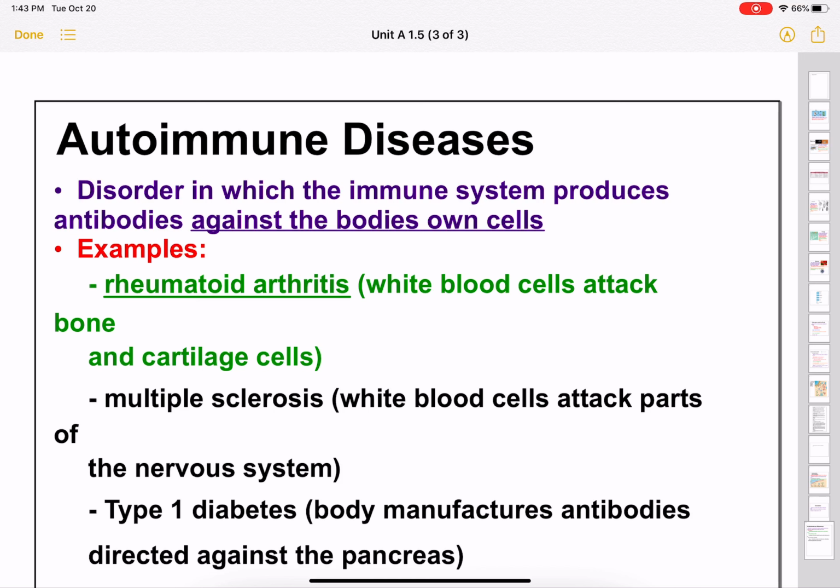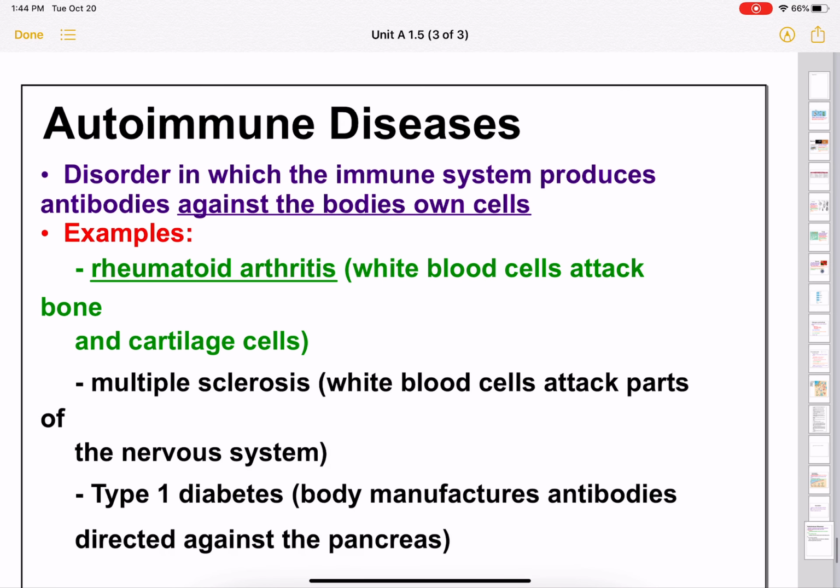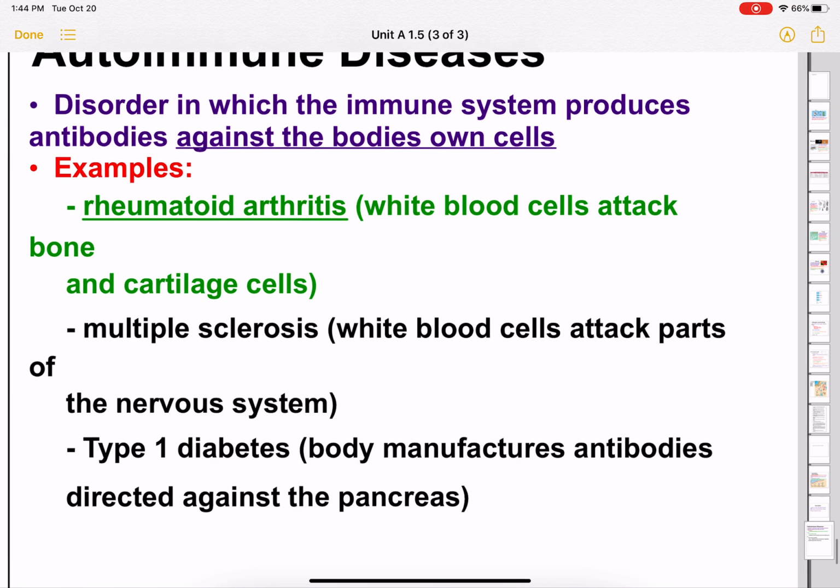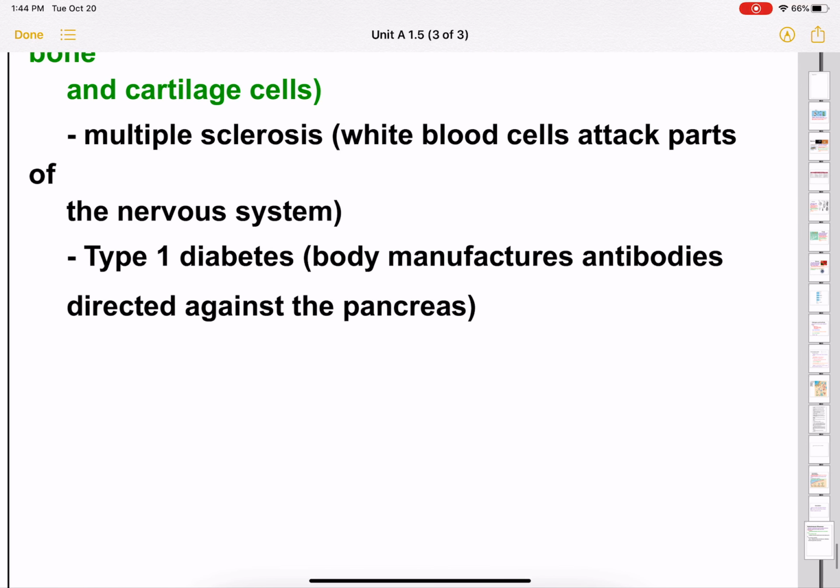Multiple sclerosis, this is where your white blood cells attack parts of your nervous system. Your myelin sheath is a part of your nerve, so that you start to lose the feeling there. Type 1 diabetes is where your body manufactures antibodies against your pancreas. So your body starts to attack your pancreas, making it not work.